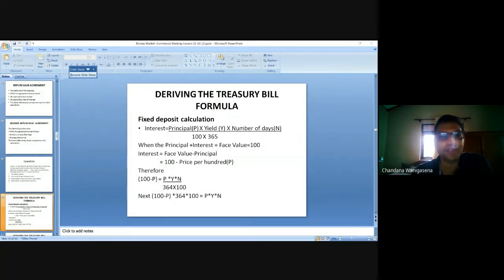So we'll straight away understand the formula and try to substitute the numbers into it. But you need to understand what is yield, what is the number of days to maturity, and what happens if the situation changes, and things like that. You need to understand, right?